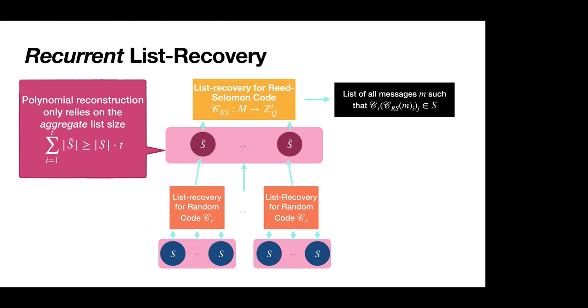And we observe here that in the worst case, these S tildes could be as large as S times T, because a single set S tilde could be at least the size of S, because S could correspond to separate code words. So when you do list recovery, you'll get as many messages as the number of code words there are.